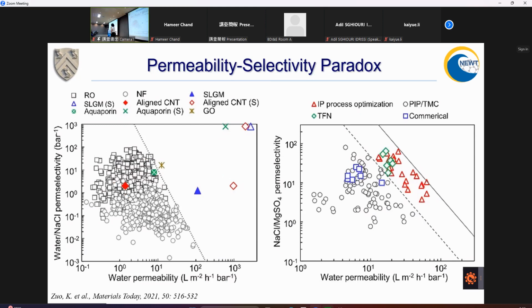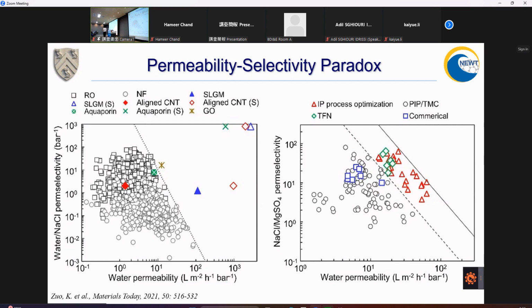Now, in the membrane field, one of the biggest challenges in this separation efficiency is the paradox or the trade-off between permeability and selectivity, right? So here is some data we collected for a review article we did a couple of years ago where we looked at water permeability versus water-salt selectivity.